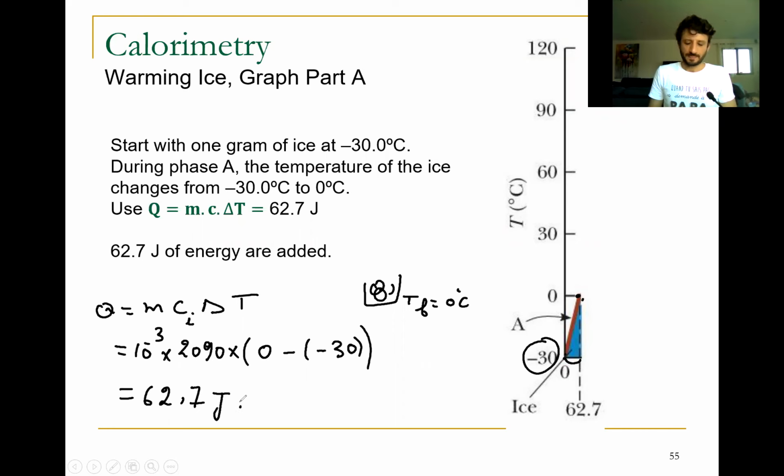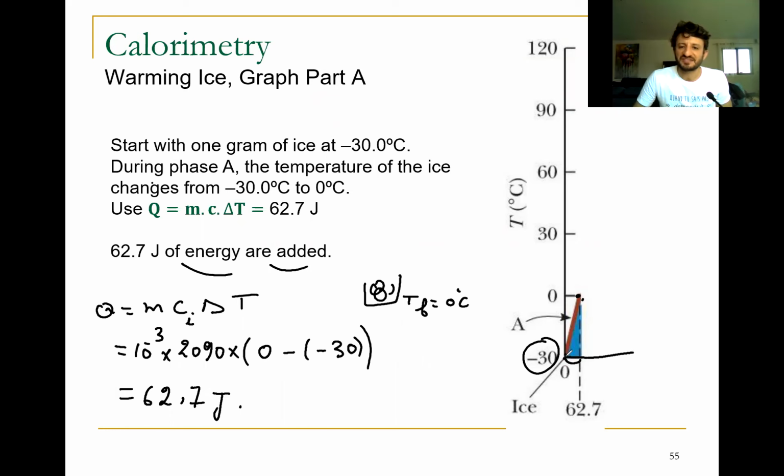Okay, so this is the quantity needed to convert 1 gram of ice from -30 ice to 0 ice. And this is the energy added to the system.